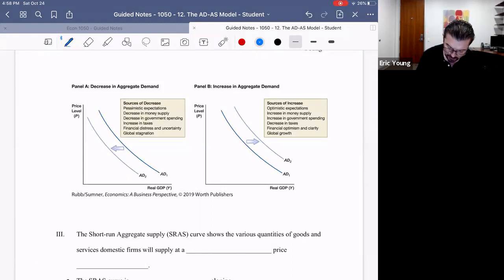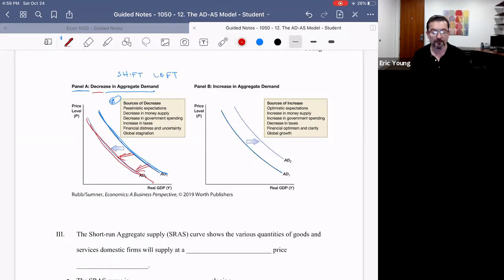You see right here in these two graphs, in panel A, we'll see a decrease in AD. This is going to be a shift to the left. You can see right here the different causes, but the key thing to understand is that we started off here, I'll put it in blue, with AD, and then something happened and we got a shift to the left because AD decreased, and this takes us to a new curve.